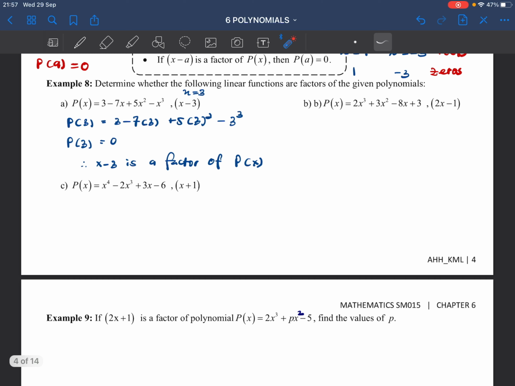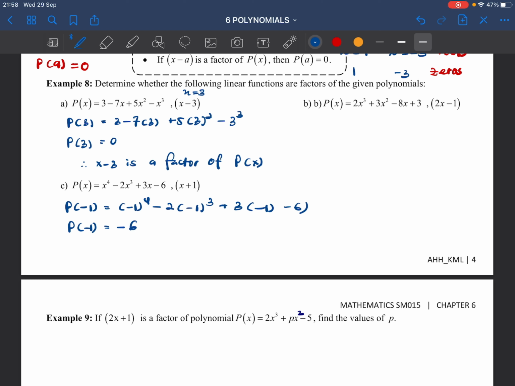Okay, this one you can find it by yourself. Let's see this. We have a factor x plus 1. Is this a factor of our polynomial? So this is our root, x equals to negative 1. So just substitute into our polynomial. We will have negative 1 power 4 minus 2 (negative 1) cubed plus 3 (negative 1) minus 6. Dapat 0 ke tidak? Cuba tekan calculator. Dapat berapa?